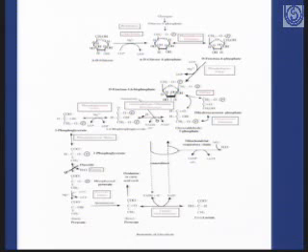Now going back to the pathway, let us have a look at what happens once fructose 6-phosphate is formed. I also told you in the beginning that when there is a kinase, there is an involvement of ATP. Similarly, phosphofructokinase involves the conversion of fructose 6-phosphate to fructose 1,6-bisphosphate. So it also requires another molecule of ATP.